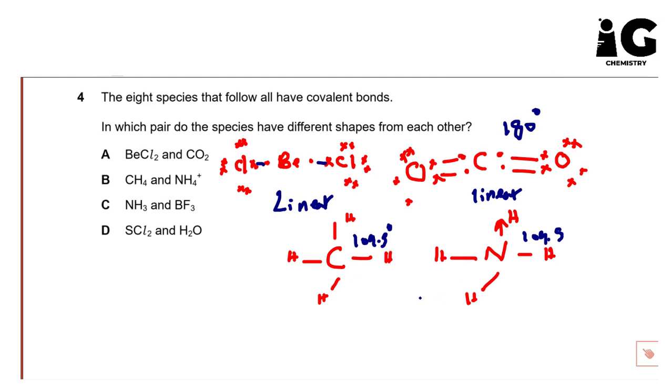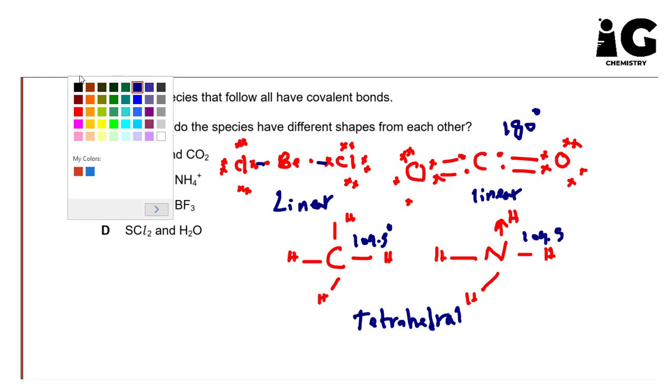This shape in both of them is called tetrahedral. And remember, this is when the central atom is surrounded by 4 bonds and no lone pairs. Remember, no lone pairs, so all angles will be 109.5. So this is not correct. This is also not correct.